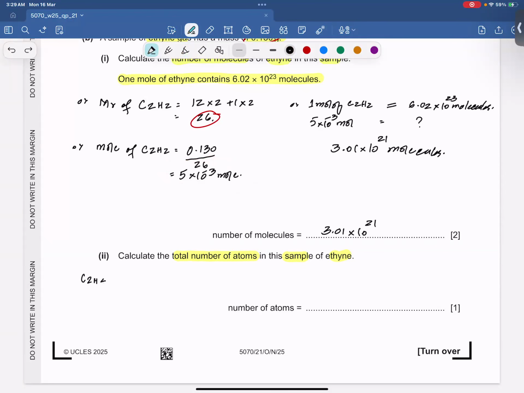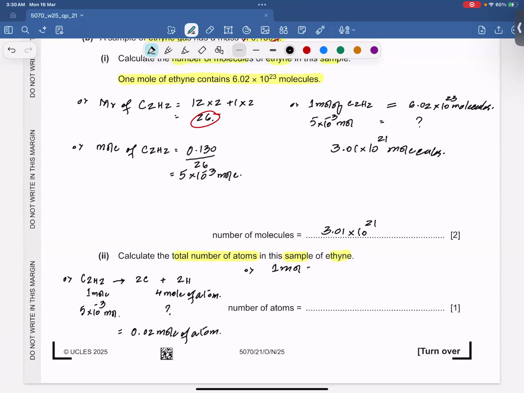C2H2 gives you 2 carbon atoms and 2 hydrogen atoms. So basically it has 1 mole according to the equation, and it has total 4 moles of atoms. When we have got 5 into 10 to the power minus 3 moles of ethine, moles of atoms is going to be 5 exponent minus 3 into 4, 0.02 moles of atoms. Okay, that's the first part.